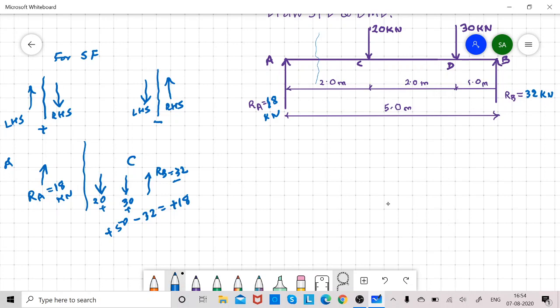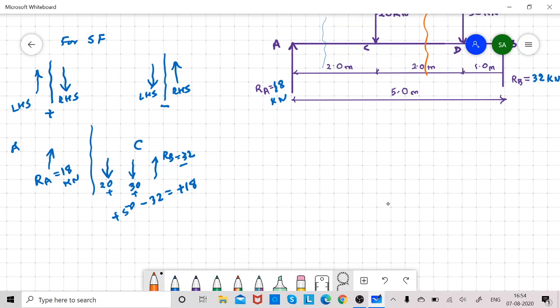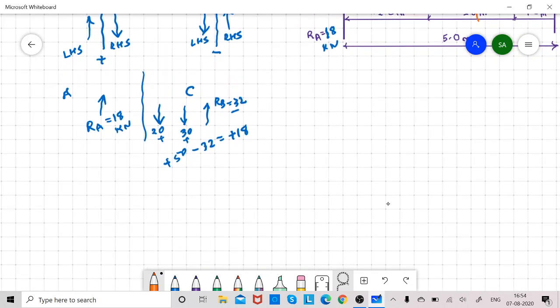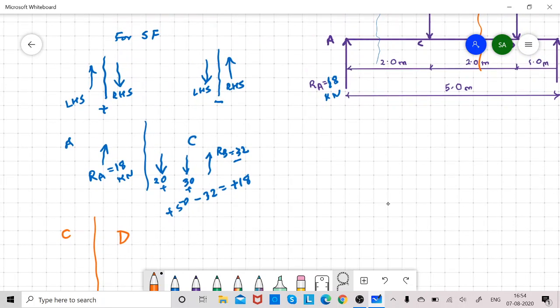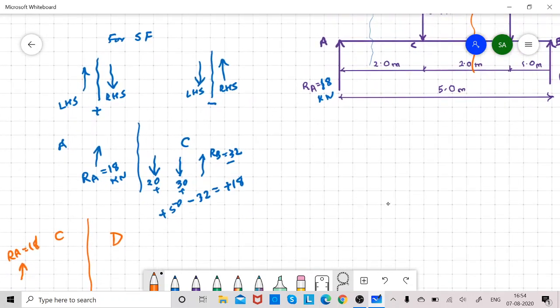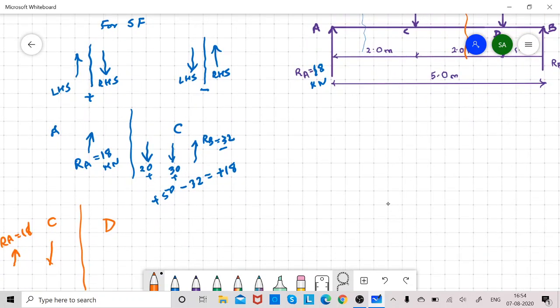Similarly, if you consider the section between C and D, see on left hand side of C there are two forces, RA 18 and 20 down.